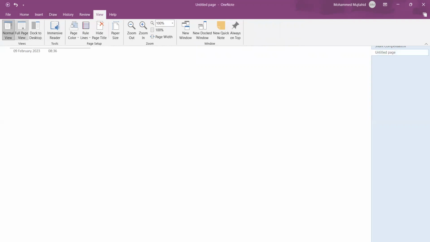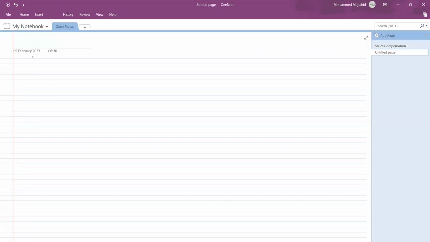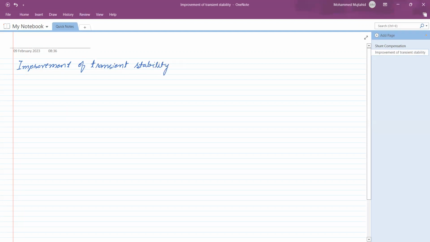and we will see it. Okay. So the next point is the shunt compensation, sorry, but transient stability: improvement of transient stability by shunt compensation.